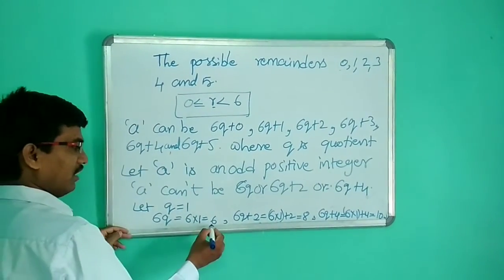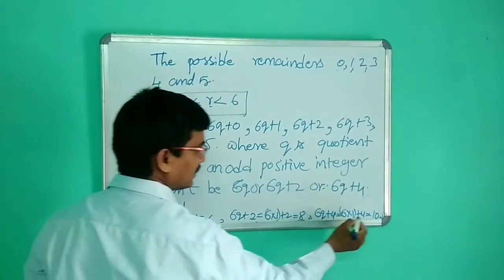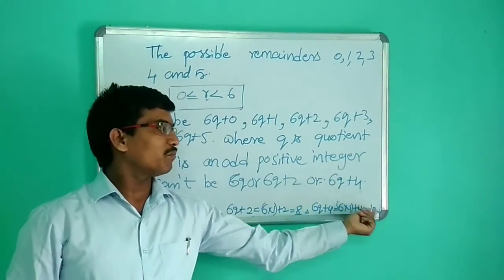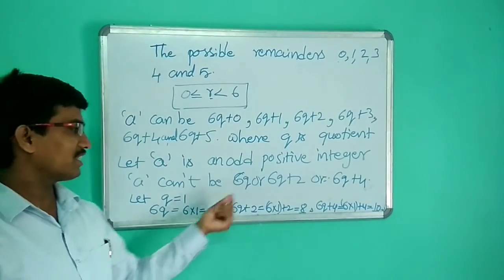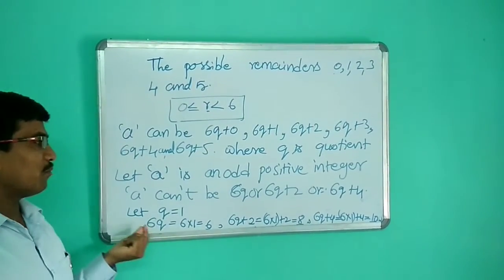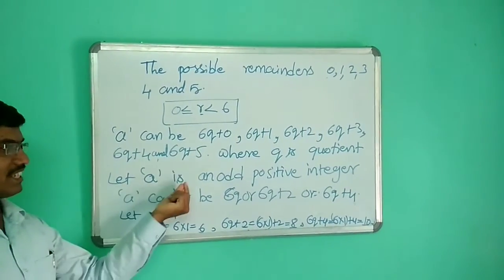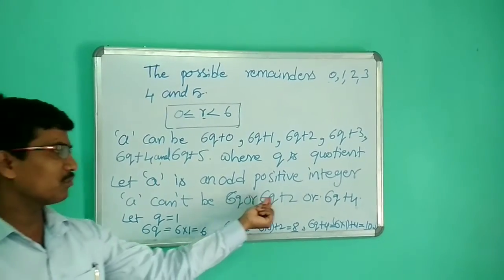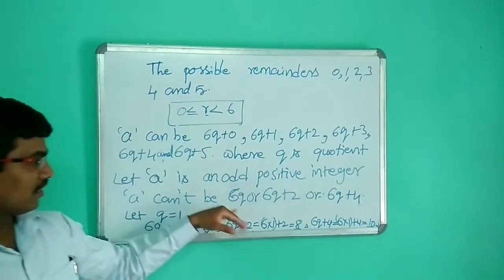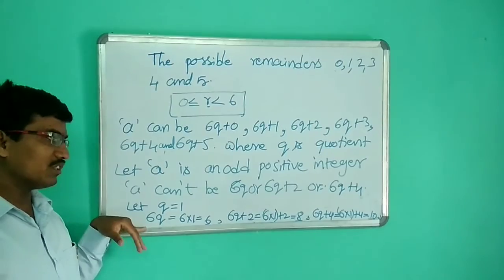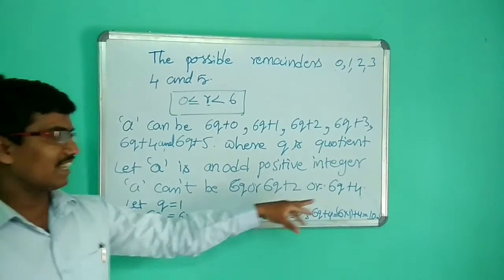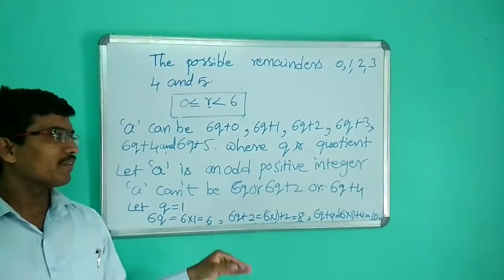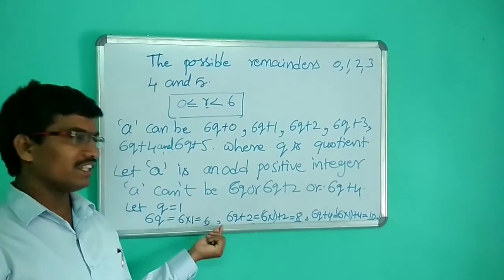The values 6, 8, 10 are even positive integers. But a is an odd positive integer, so a cannot be 6q or 6q + 2 or 6q + 4. So 6q, 6q + 2, 6q + 4 are even positive integers.